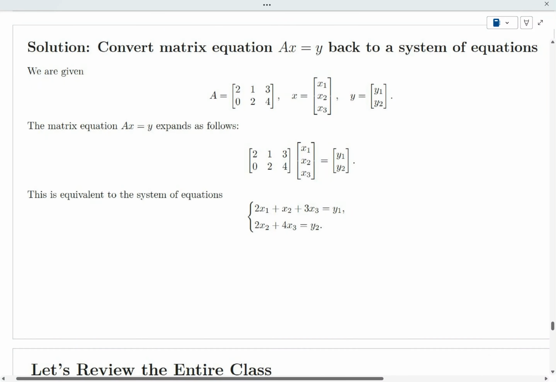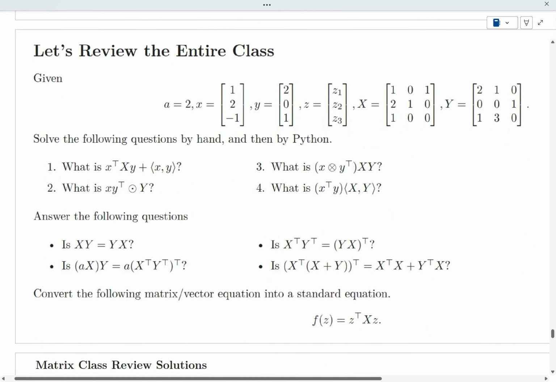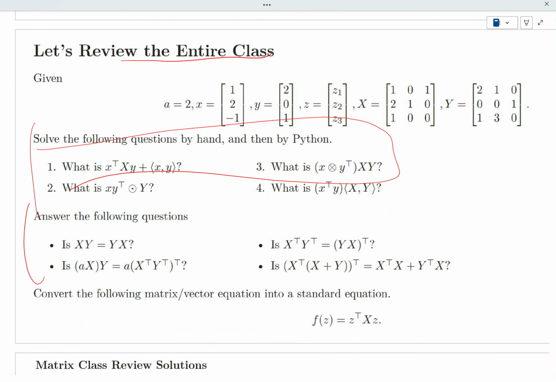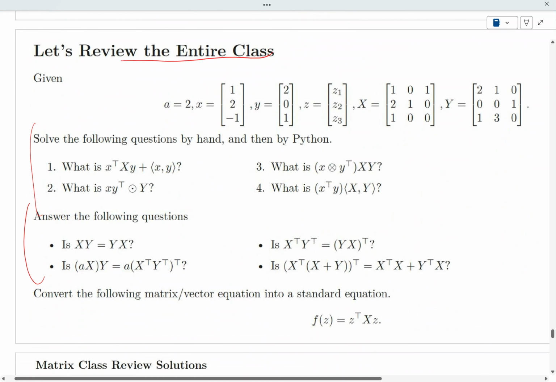Okay, so once we're done with this, your very last exercise of the day essentially allows you to review the entire class. What you want to do is answer these questions as well as this one. Okay, so pause the video now, and then you can go over these questions, and they should reinforce a lot of the concepts we learned in this class.